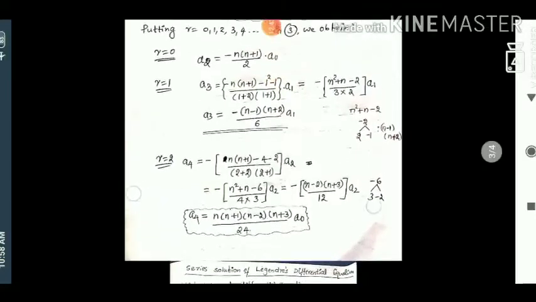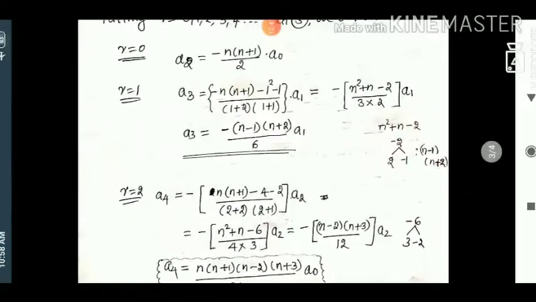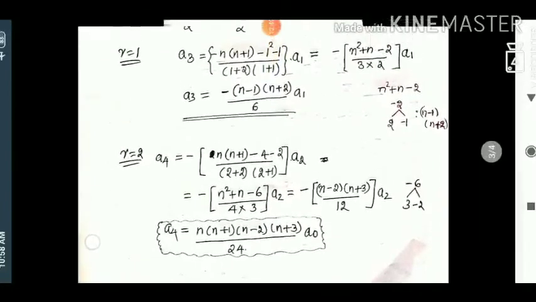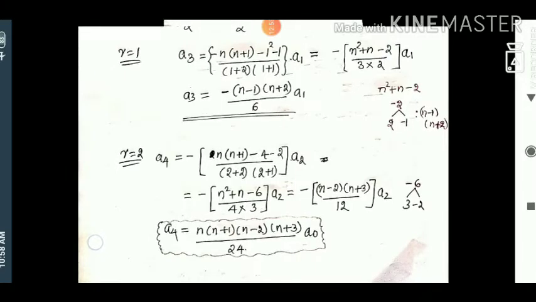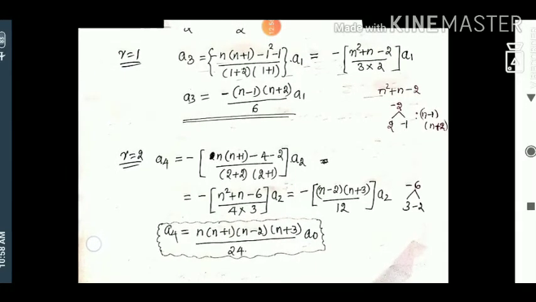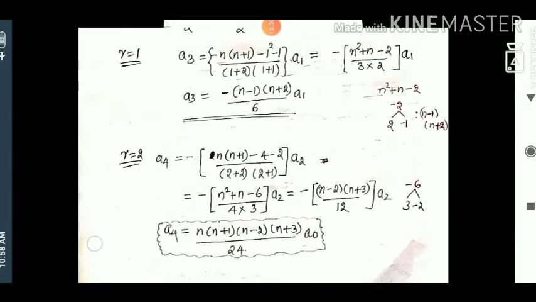Now we will find a4. A4 we will get by taking r equal to 2. So a4 equal to minus of n into n plus 1 minus 2 square, that is 4 minus 2, divided by 2 plus 2 and 2 plus 1, because r plus 2 and r plus 1 into a r actually.